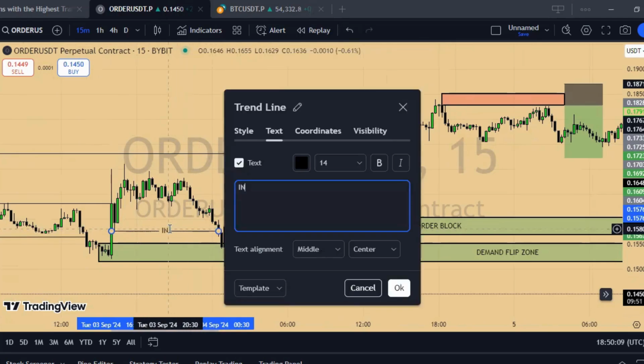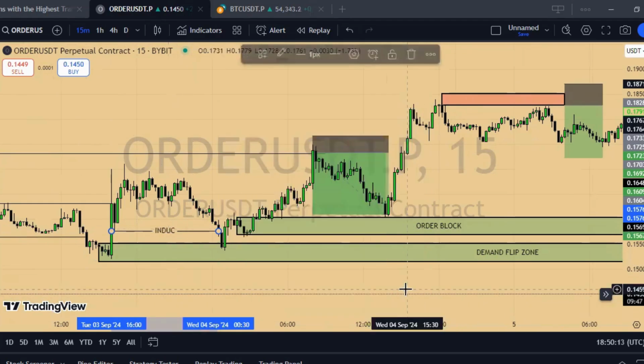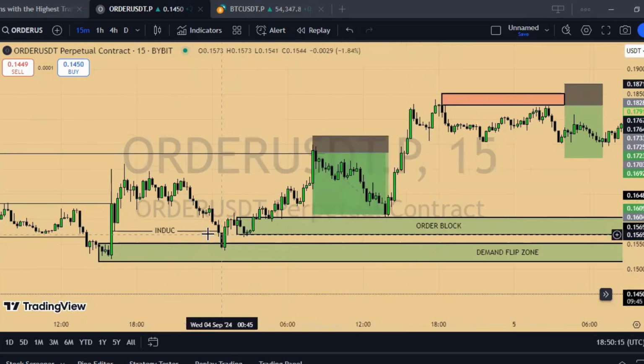This is my confirmation that there was indeed an inducement, and also that there would be so much liquidity to sweep if price happens to break this partial support, because I won't call this a support.